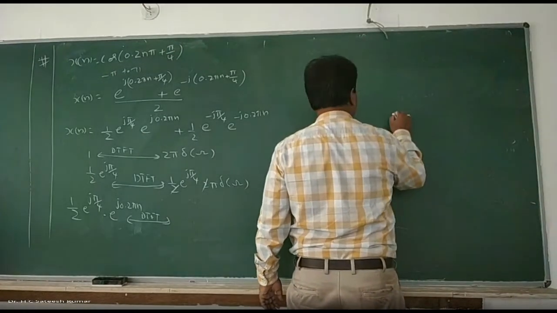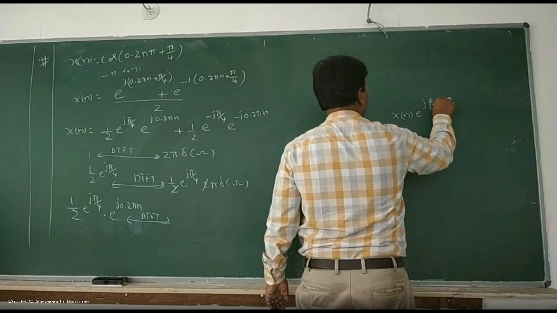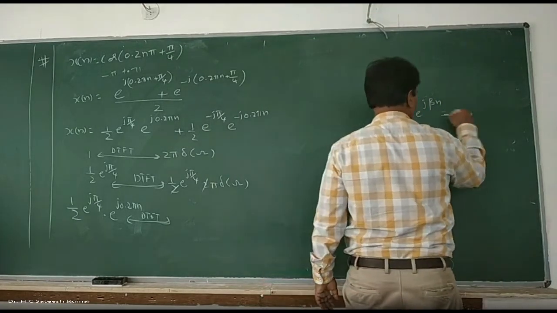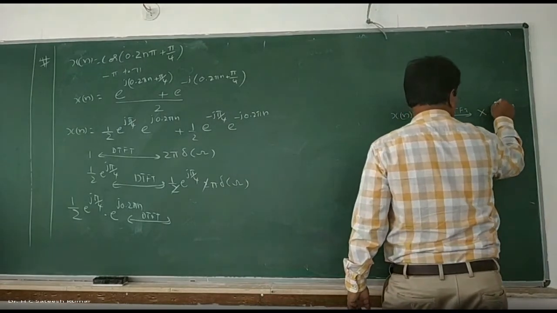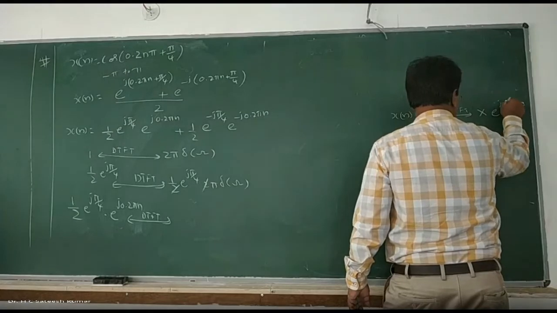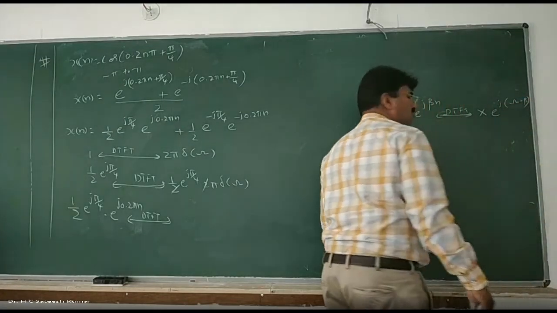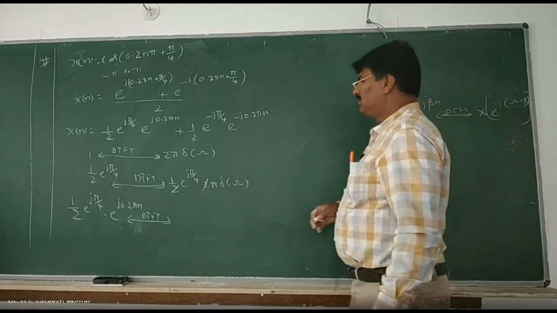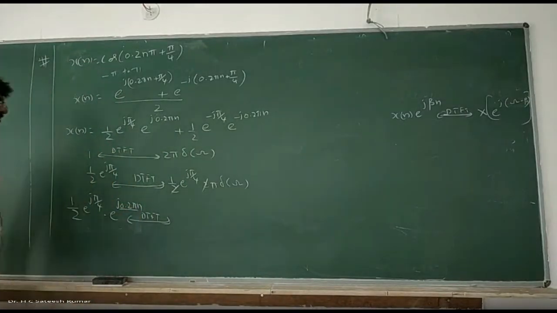So what do we have? x of n into e to the power of j beta n has the DTFT, what will you get? X of e to the power of j omega minus beta. We said, right? So if that is the case, then beta is your 0.2 pi.